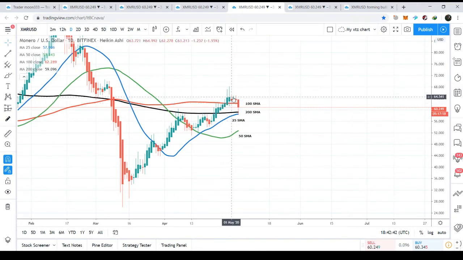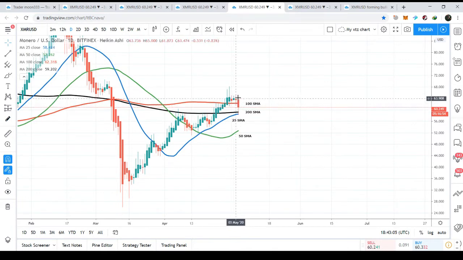Now therefore it is retesting both moving averages at one time. We can see that at this time it is retesting the 100 simple moving average. Also it is retesting the 200 simple moving average as well. And if we see this powerful bearish candlestick, it has almost broken down this 100 simple moving average.